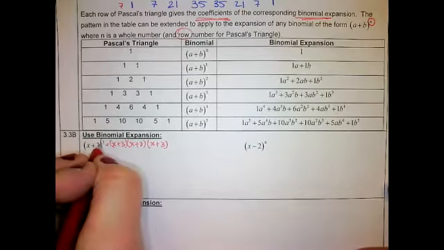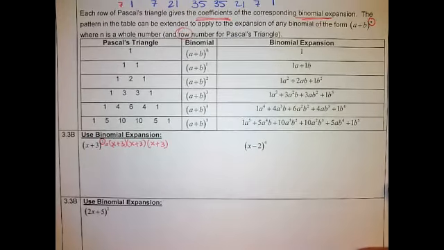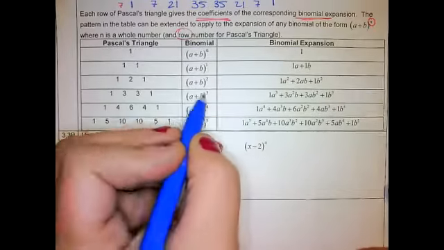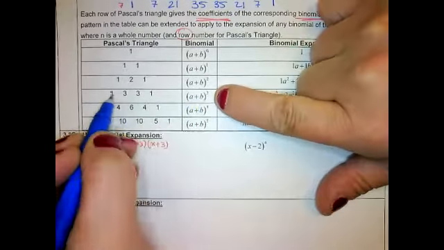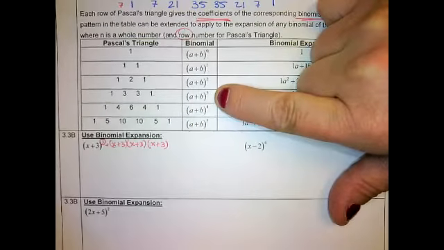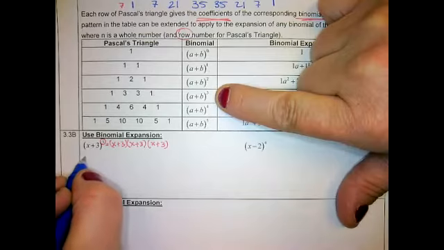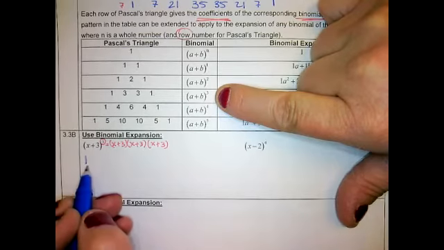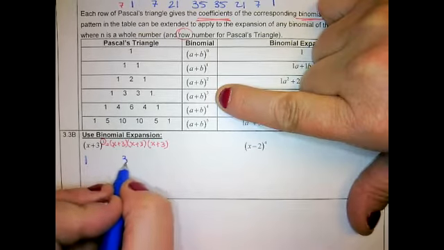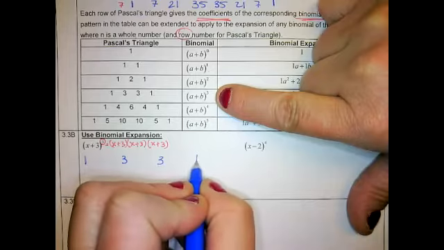The first thing I'm going to look for is the third row, which consists of the numbers 1, 3, 3, 1. So my coefficients for my polynomial are going to be 1, 3, 3, and 1.